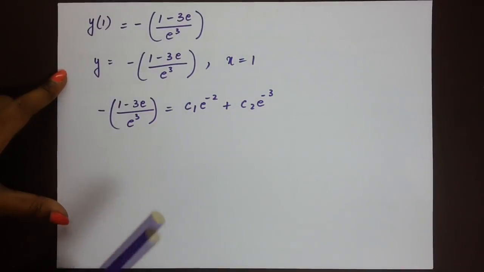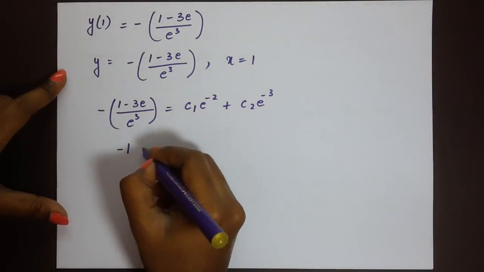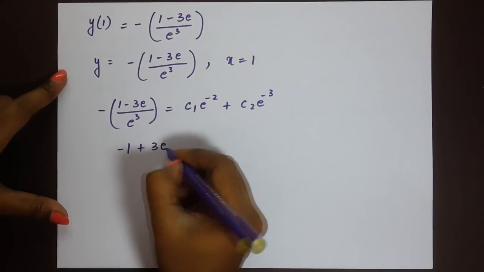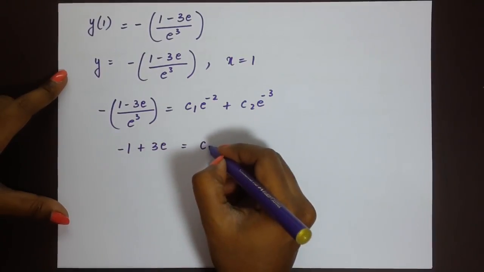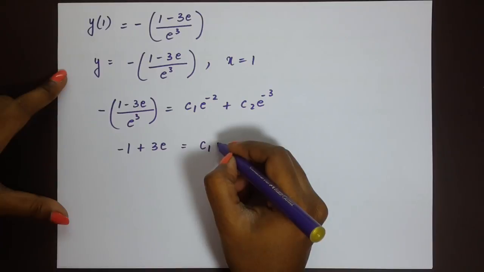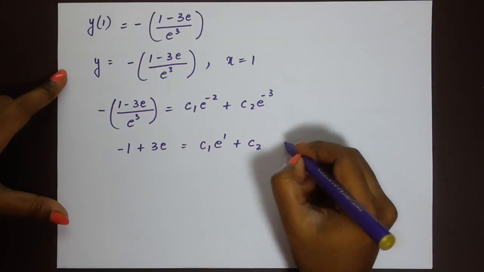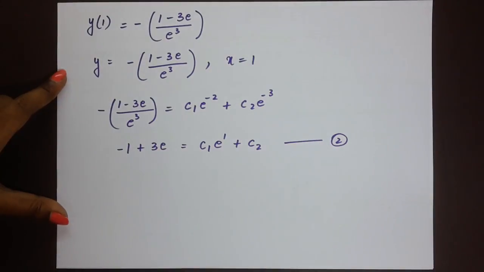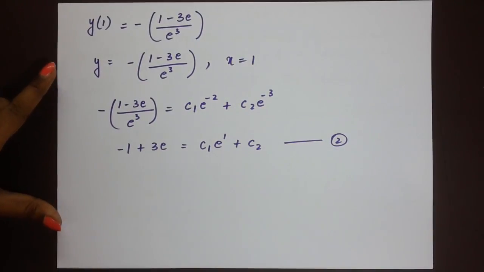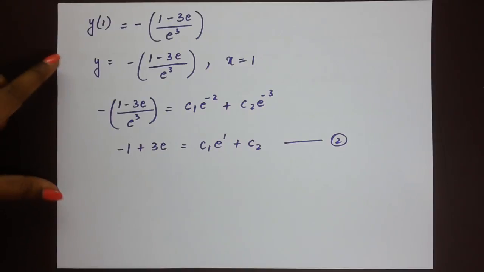Now solving this, we will obtain another equation, minus 1 plus 3e is equal to c1 e power 1 plus c2. Let's call this equation 2. Now we have two equations in terms of c1 and c2.